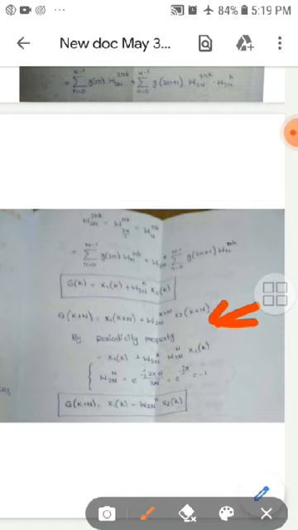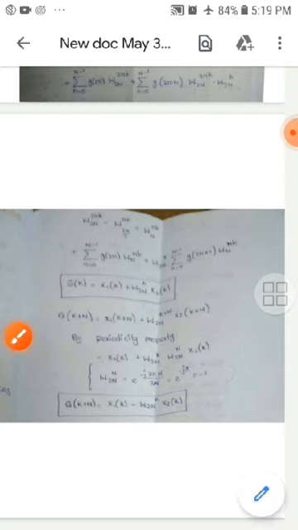Here W 2N to the power of N we can write as e to the power of minus j theta, that is cos theta minus j sin theta. So the value is cos pi minus j sin pi, which is minus 1. So G of k plus N equals X1 of k minus W 2N to the power of k into X2 of k. This is the application of the FFT algorithm.